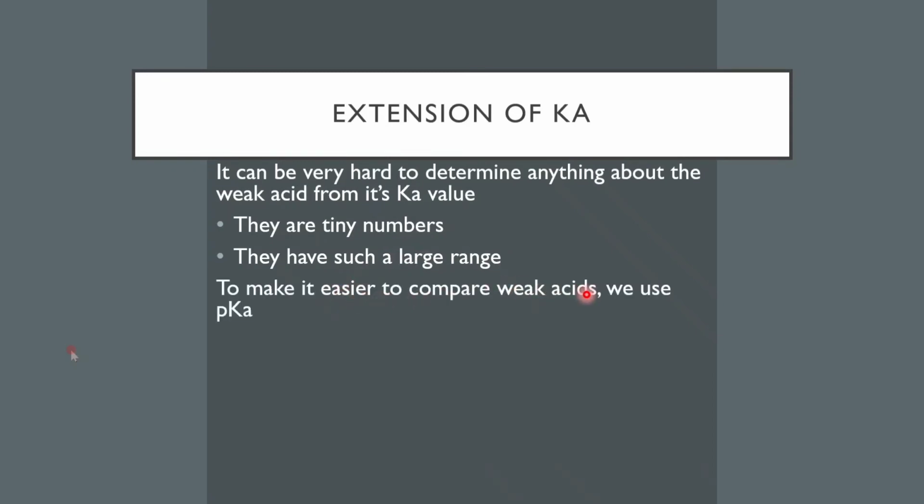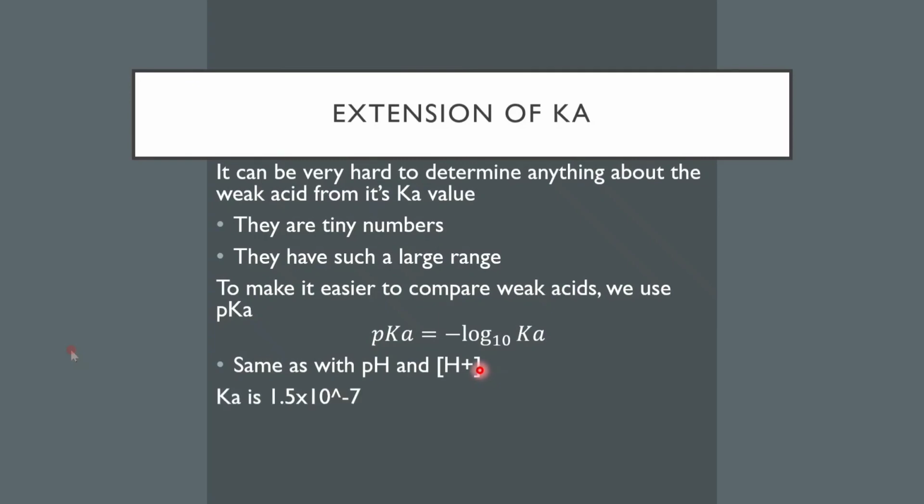So to make it easier to compare weak acids via these values, we use something called pKa. And pKa is the negative log of Ka. So this is the same relationship between pH and our hydrogen ion concentration. And so we do this so that we can easily compare weak acids.